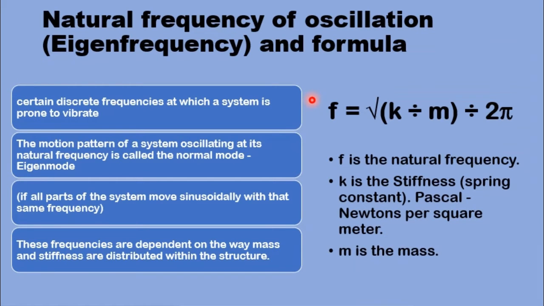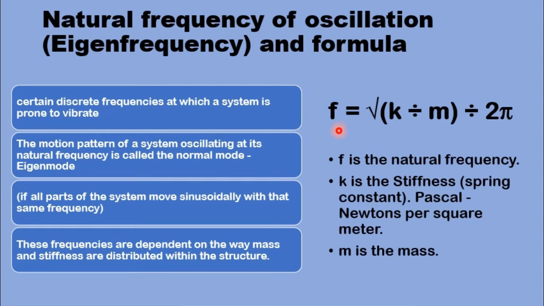The vibration pattern of a system oscillating at its natural frequency is termed the normal mode, or the eigenmode. That's when all parts of that system are moving sinusoidally with that same natural frequency.